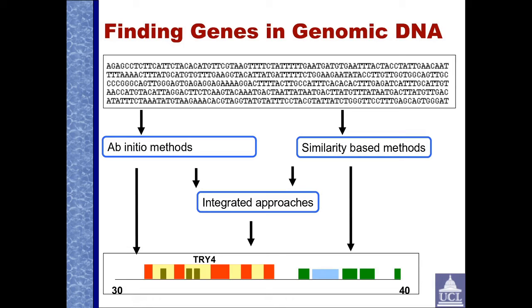The similarity-based methods look for similarity between a new piece of DNA and genomes that have already been annotated with where the introns and exons are. And there are then also integrated approaches which use bits of both types of method. Often an initial ab initio screen is followed by use of similarity-based methods to refine the boundaries.